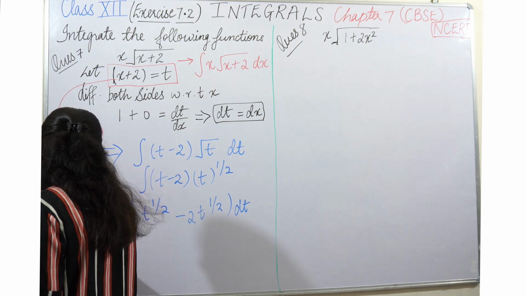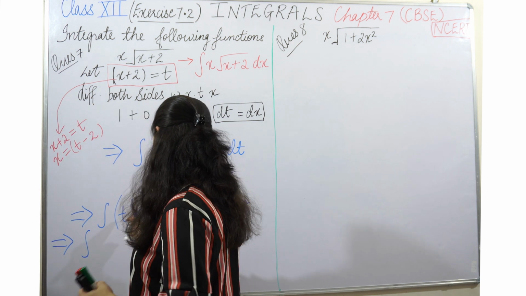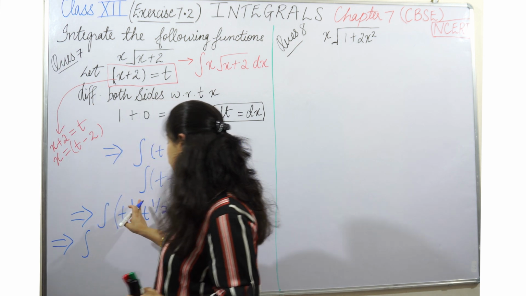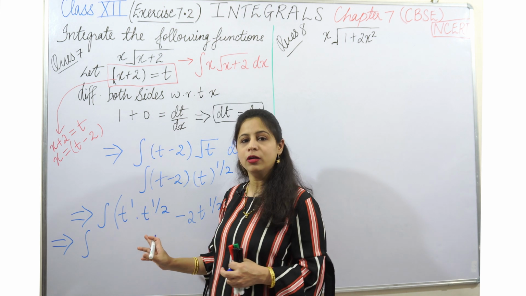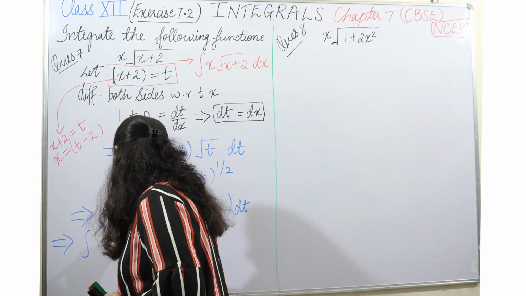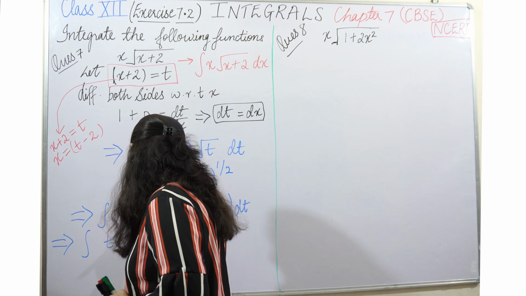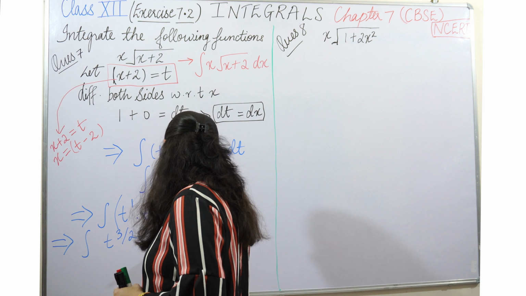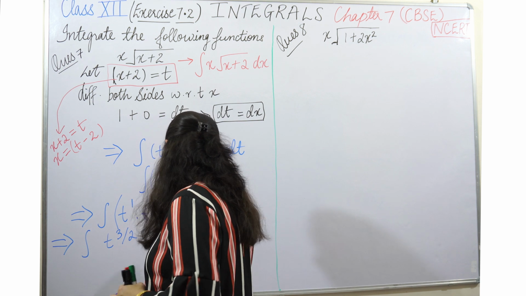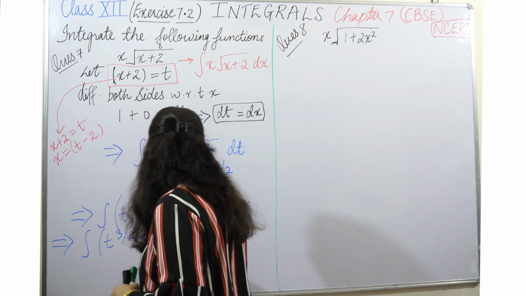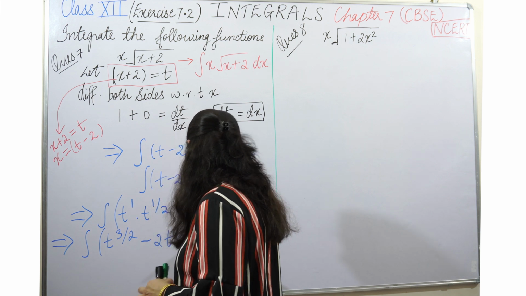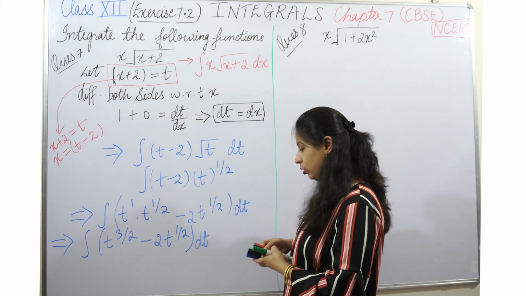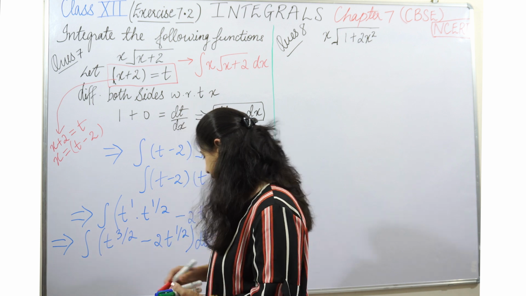The powers will get added up: 1 plus 1 by 2 gives 3 by 2. So it will become t to the power 3 by 2 minus 2 t to the power 1 by 2 dt. Now this can be easily integrated.